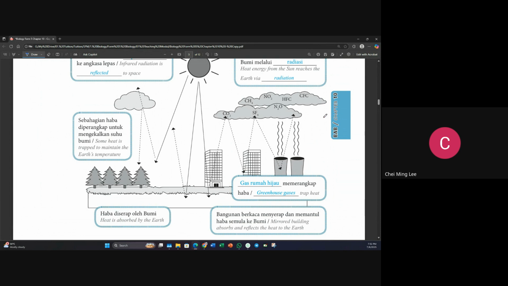So with this, too much heat is trapped on the surface of the earth, so what happens to the temperature? Increase, yes. When temperature increases, and this happens globally, it will cause global warming. And when global warming happens, climate change happens.